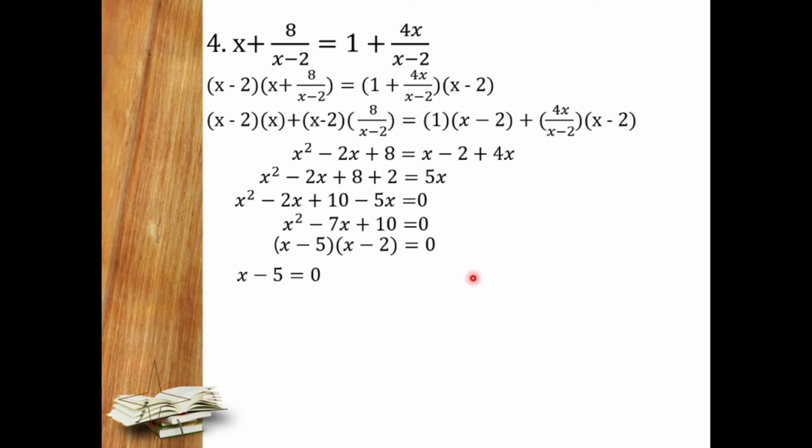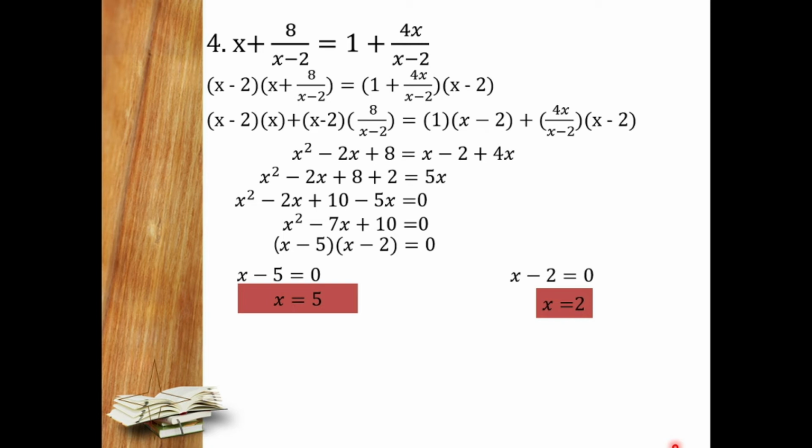So, therefore, x minus 5 is equal to 0 and x minus 2 is equal to 0. And, therefore, we have x is equal to 5 and x is equal to 2. So, meron tayong dalawang solve values for x.